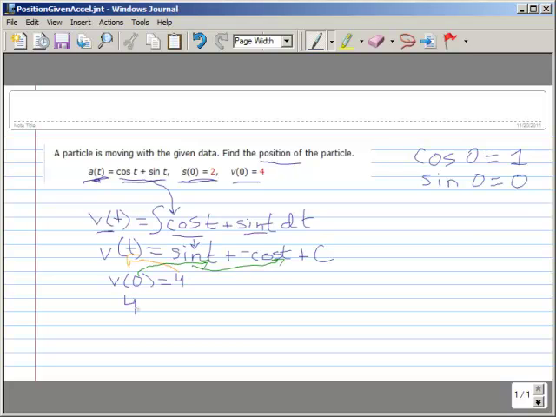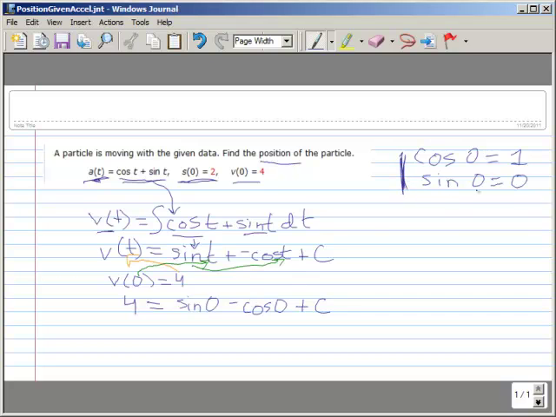We get 4 is equal to sine of 0 minus cosine of 0, because we're plugging 0 in for t, plus c.